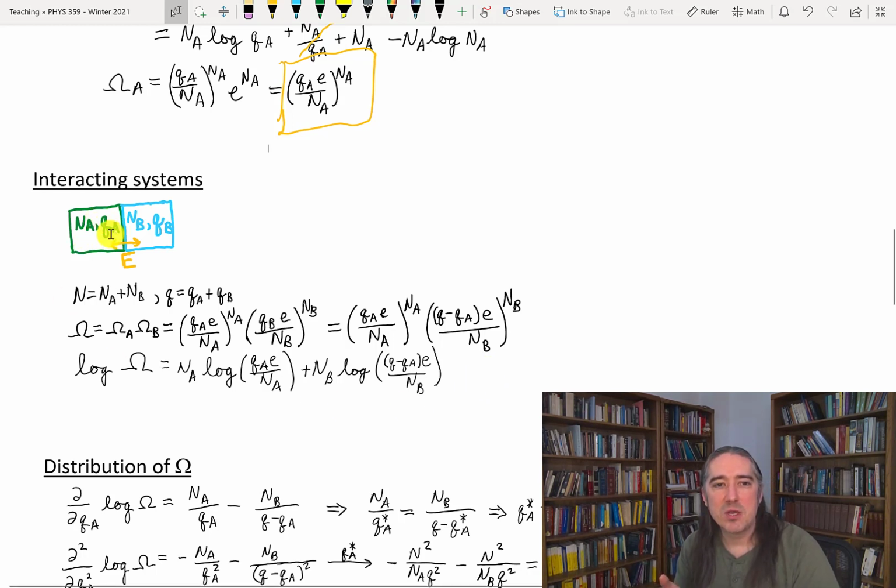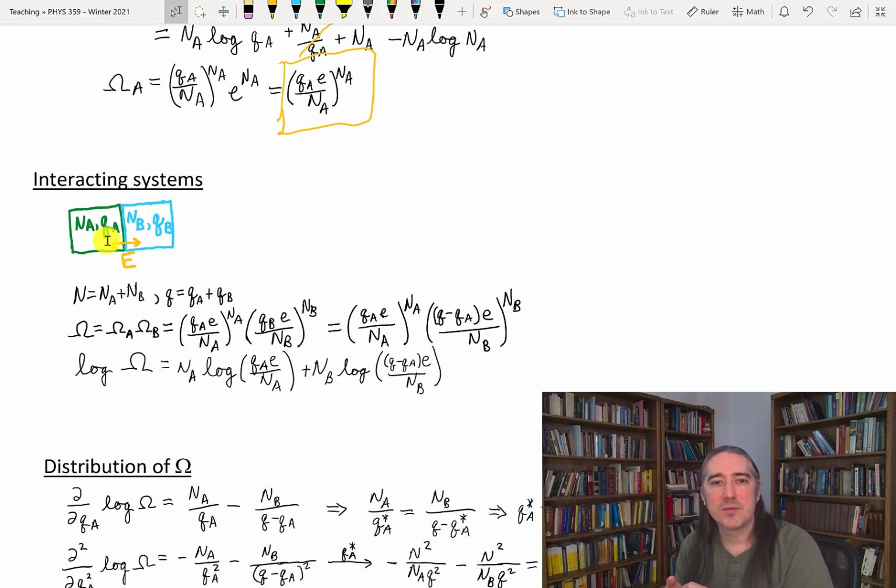If I know QA, say there's 500 excitations on solid A, since Q, the total number of excitations, is fixed, I know QB, but there are a lot of microscopic states that have 500 excitations in solid A. So I want to know the number of states as a function of QA.